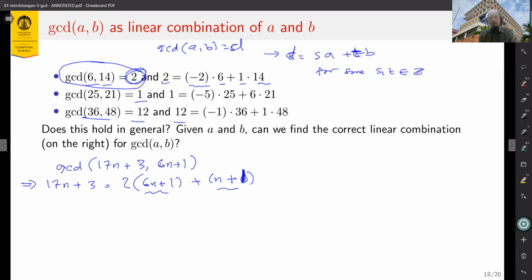So 6n plus 1 is 6 times n plus 1 minus 5. Now this is not a good form. I would usually start instead with 5.